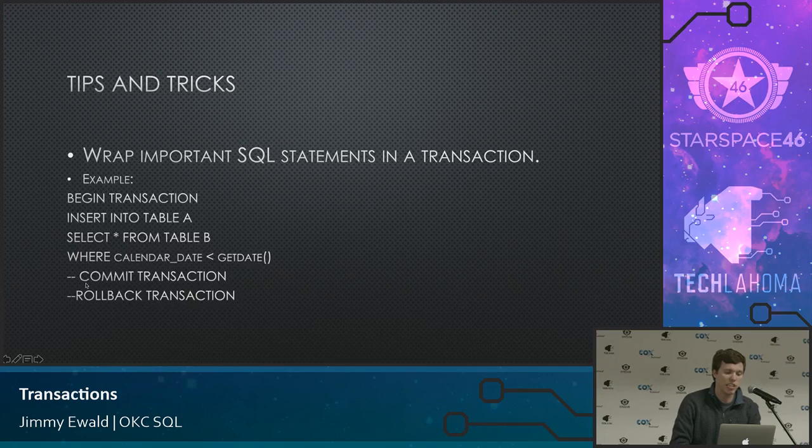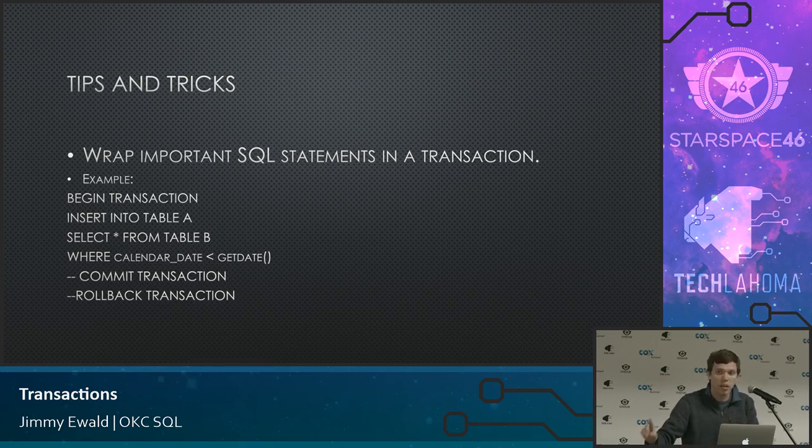Now, as you can see here, I have commit transaction as an option that's commented out, as well as rollback transaction, which is also commented out. Okay? So I can run this script. It'll begin a transaction, it'll insert the data into the table, but it will not commit that transaction until I tell it commit.